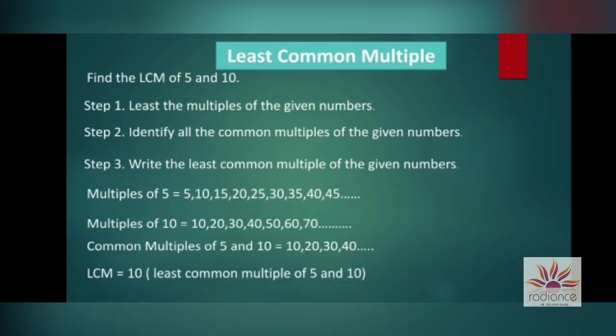So the LCM is equal to 10. What is 10? 10 is the least common multiple of 5 and 10. So isn't it easy? Yes. For this you need to practice how to create a table, or you should know the tables properly. Okay, that will help you a lot.